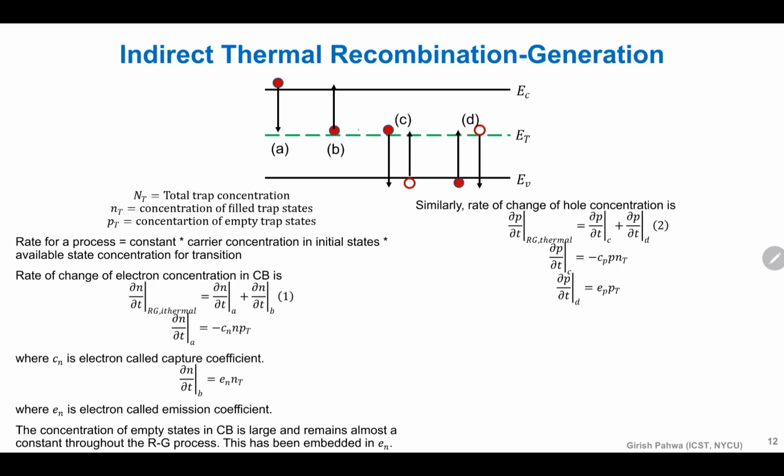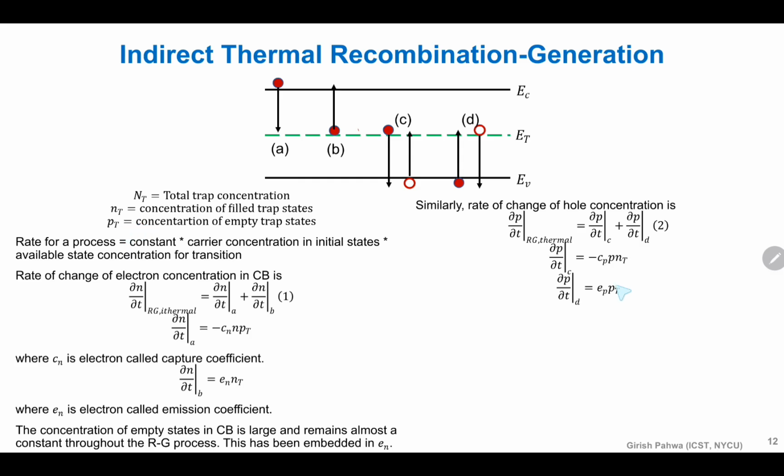Throughout the recombination generation process, the concentration of electrons in the valence band is not changing much, even if some of the electrons are transitioning to some other energy levels. So this is almost a constant. That constant number times the number of available states here. What is the number of available states here for an electron? Pt.